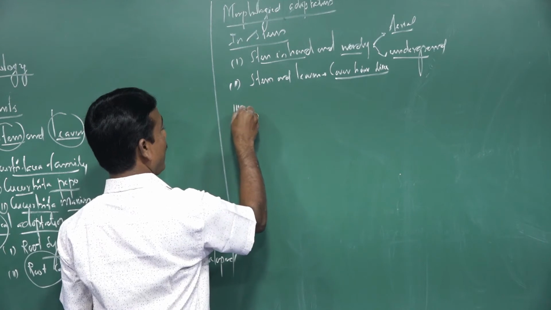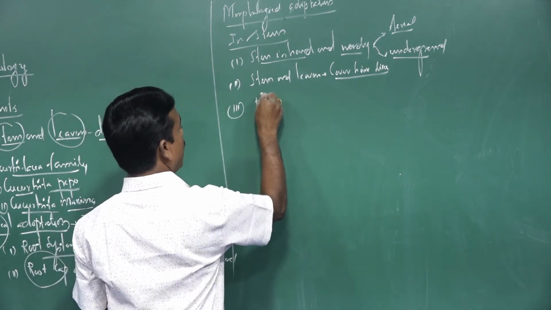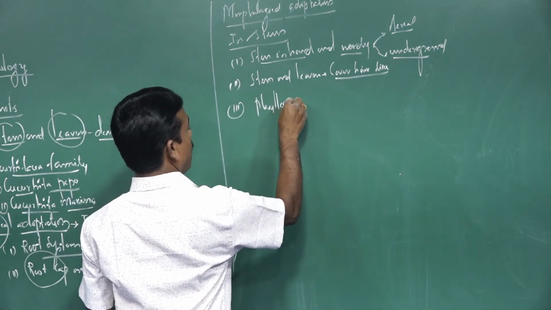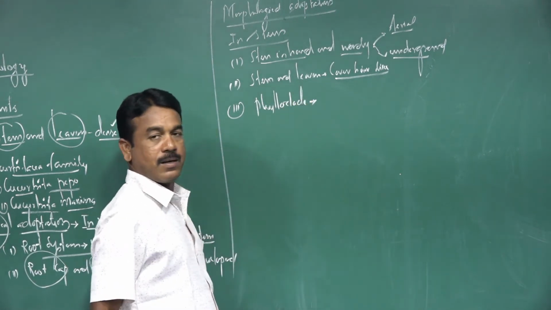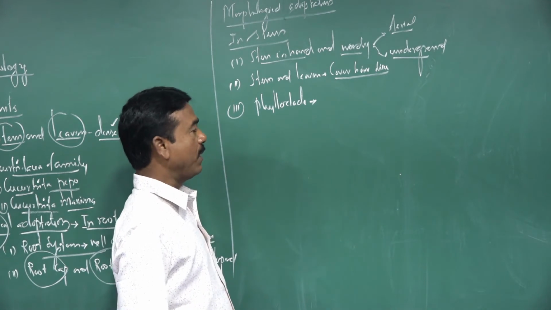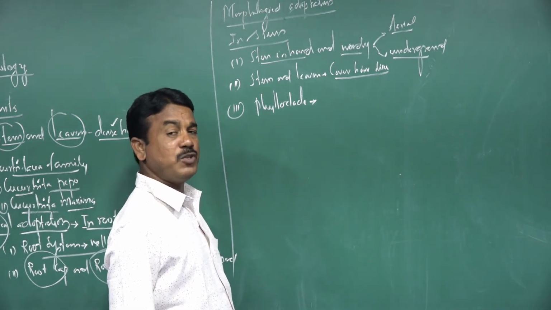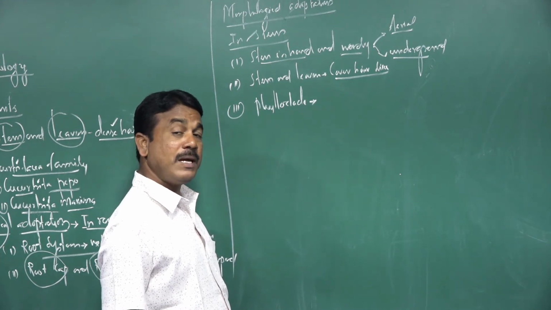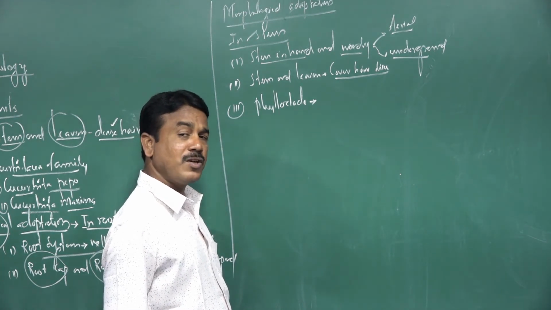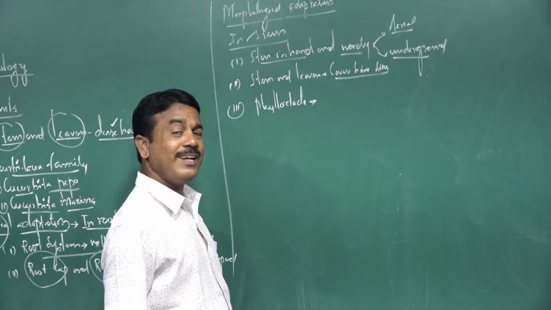Third thing, what is that called? Phylloclade. You know that. What does phylloclade mean? In some xerophytes, all internodes become converted into fleshy leaf-like structures. Example, Opuntia.